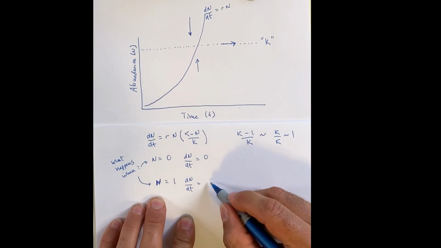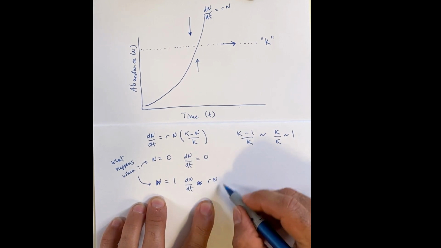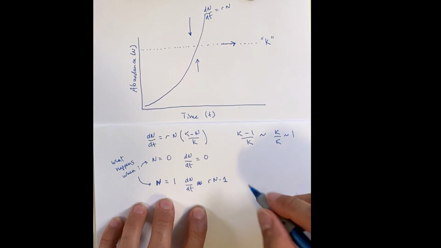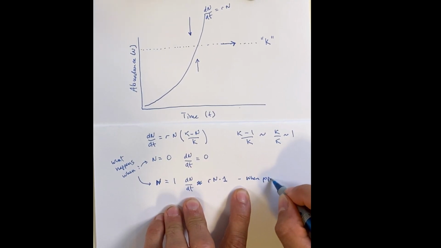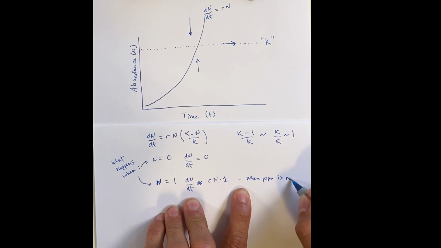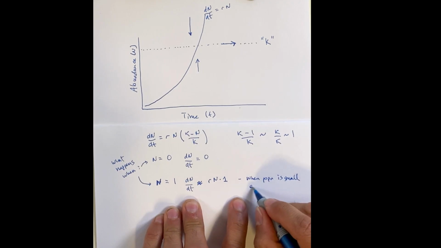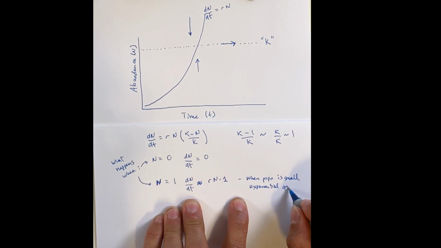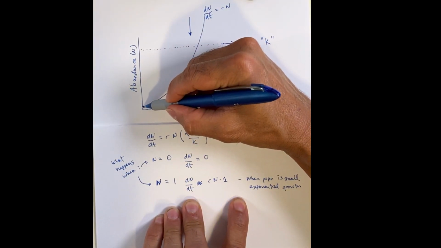So this means that the rN term is going to be multiplied by approximately 1. And therefore, the population is going to be growing very similarly to that exponential growth when the population is very small, which is kind of what you would expect. That brake term, the (K minus N) over K, is not really doing that much. It's very close to 1. And so again, you get that exponential growth when the population is very small.